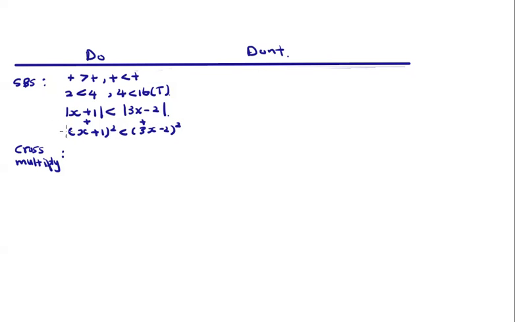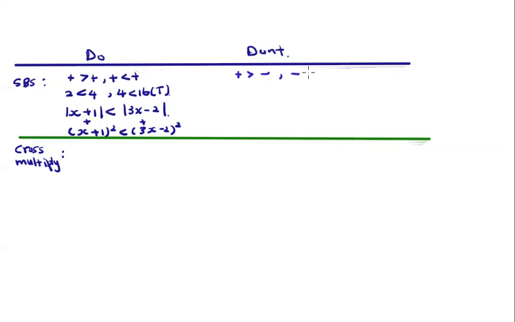But do not square both sides if one side is negative or both sides are negative. For example, positive greater than negative, negative less than positive, negative less than negative, or negative greater than negative.